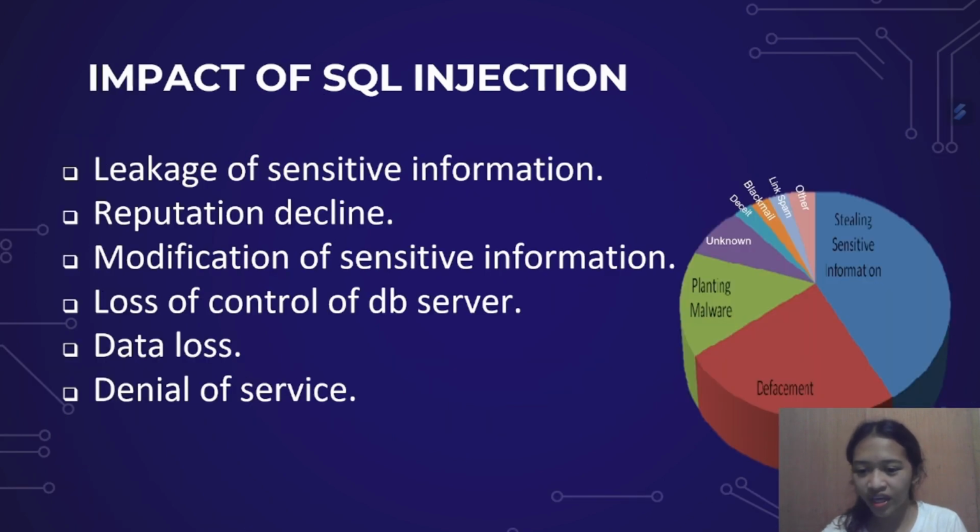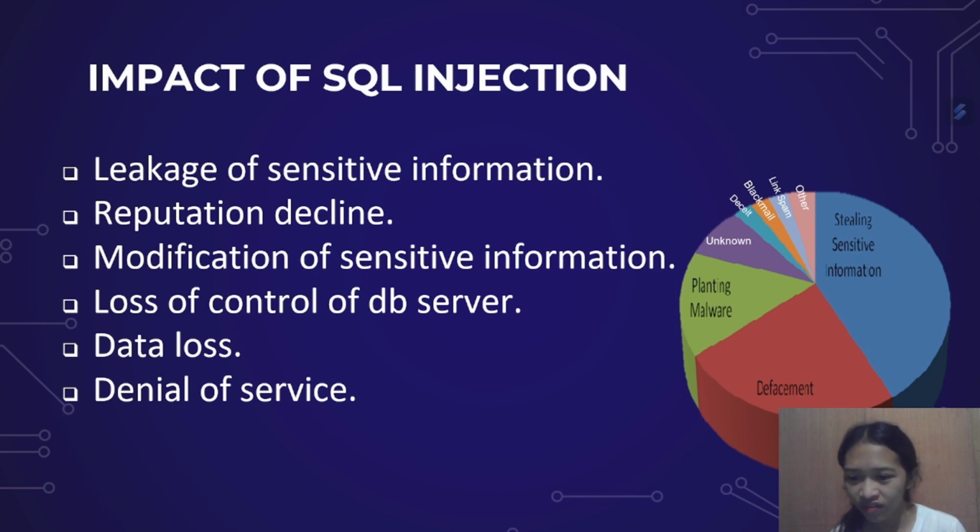So we have the impact of SQL injection. The impact of SQL injection refers to the negative consequences that can result from a successful SQL injection attack on a database-driven application. Here's the breakdown of what each of the points means.